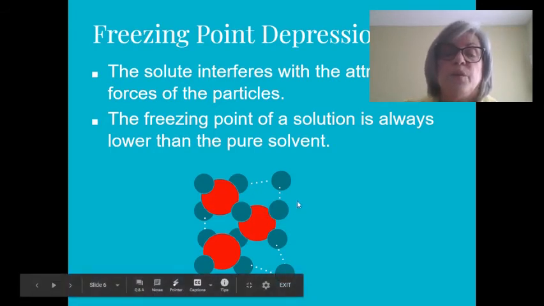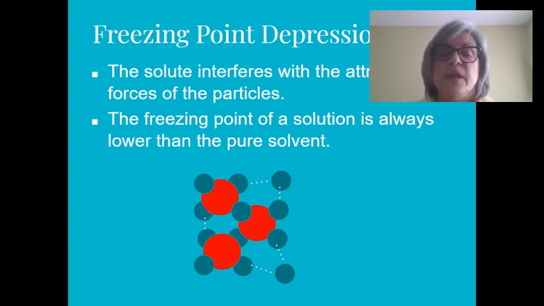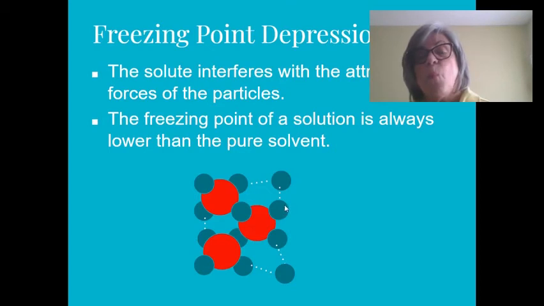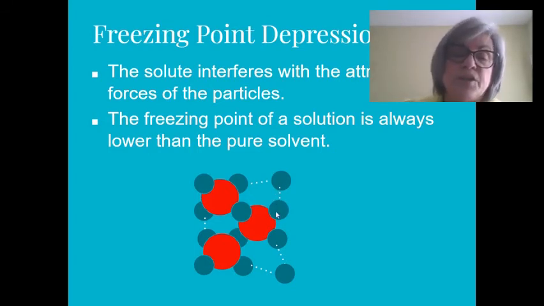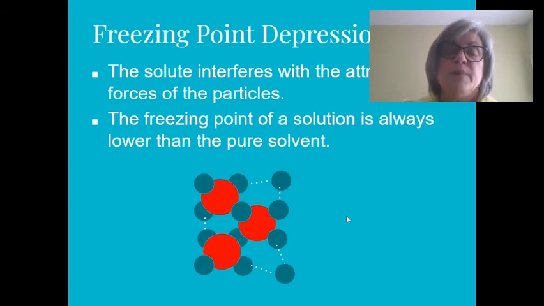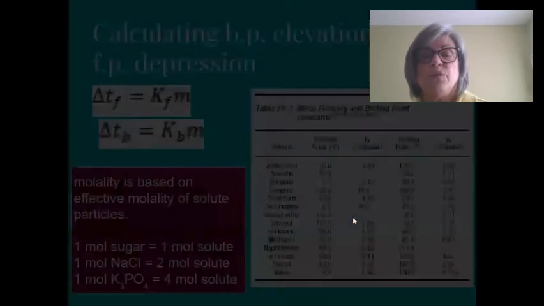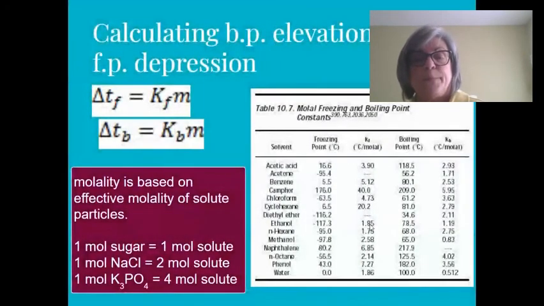And so we throw salt on the surface of the ice, and in that really thin liquid layer at the surface of the ice, the solute particles are getting in the way of the water slowing down enough to reform ice crystals. And so even more kinetic energy has to be removed in order for the particles to become attracted to other water molecules in the ice form.